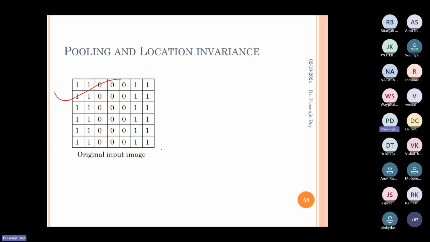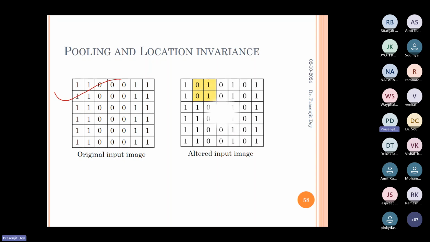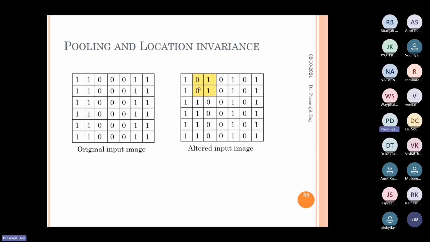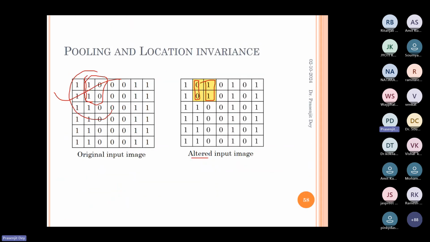Suppose this was my original image, and suppose this is my altered image. Due to some problem, these pixels have been affected. In place of 0, 1 comes, and in place of 1, 0 comes. So this is my altered image. Now, if you apply the pooling in this window, and if you apply the pooling in this window, you are going to get the same value, irrespective of the location change.